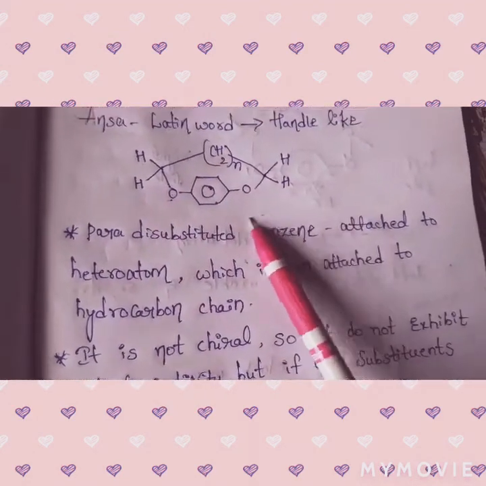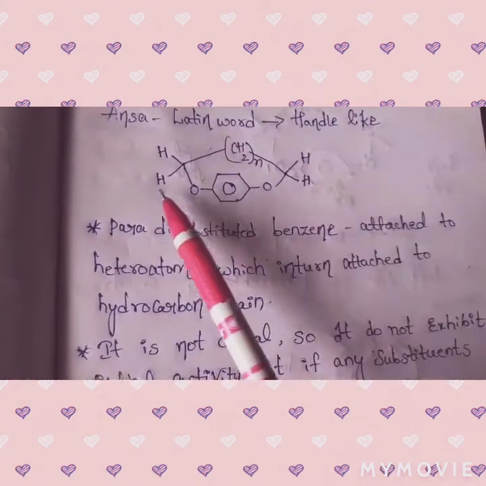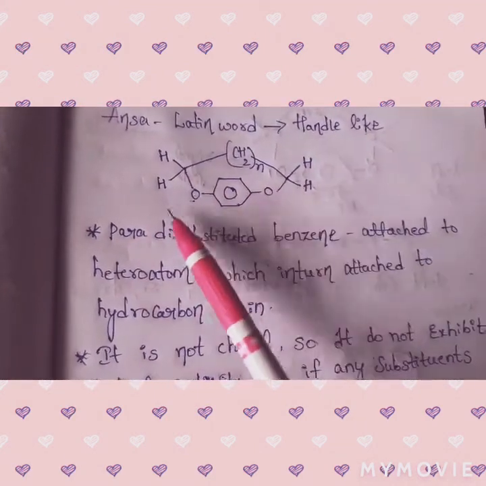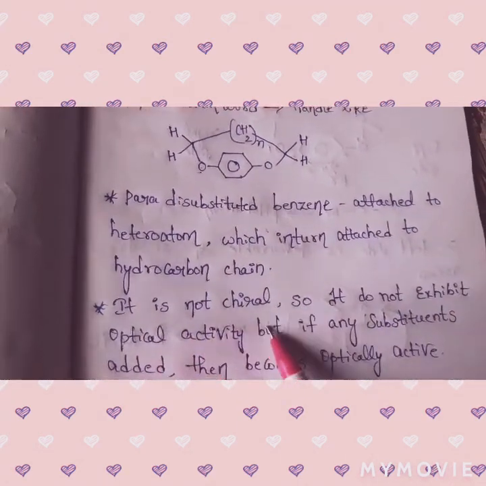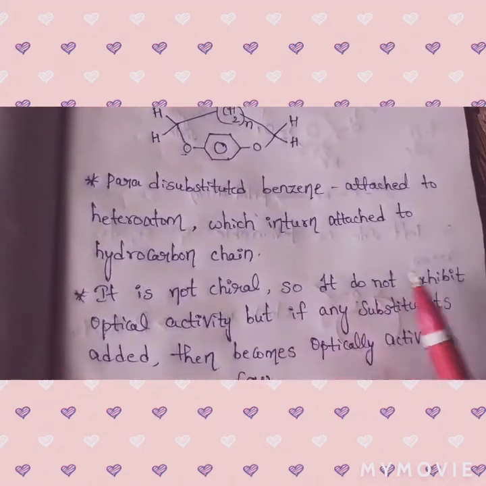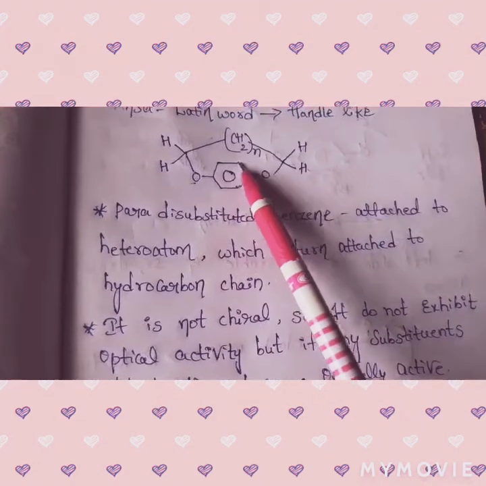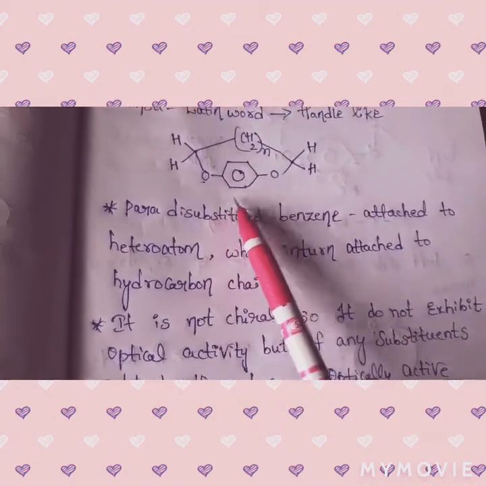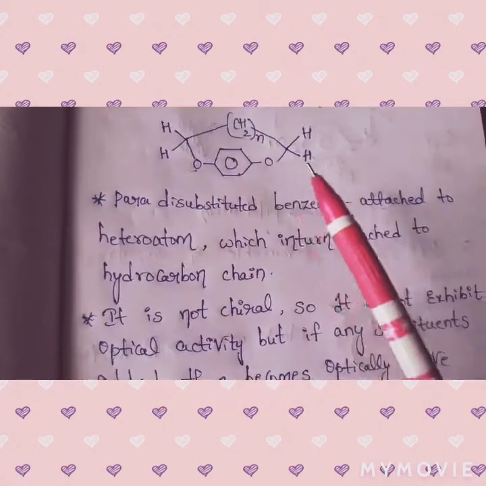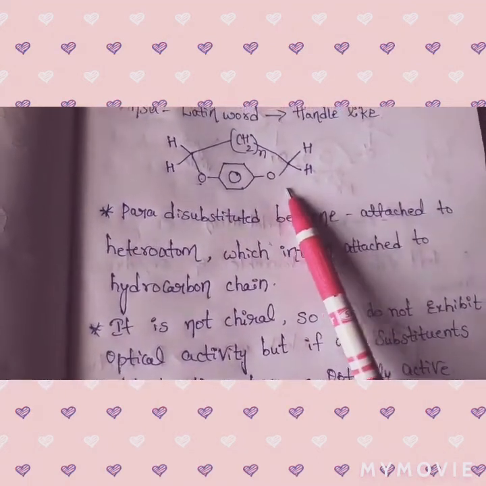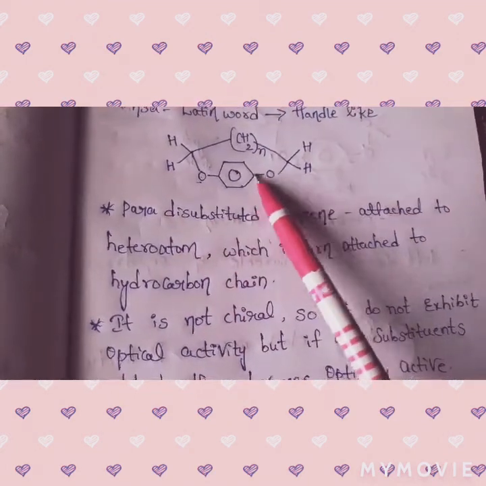If we observe this, it is not chiral. If it is not chiral, it does not exhibit optical activity. But if substituents are attached on the ring, then it becomes chiral and it will exhibit optical activity. Without substituents it is not chiral, that means it does not exhibit optical activity.